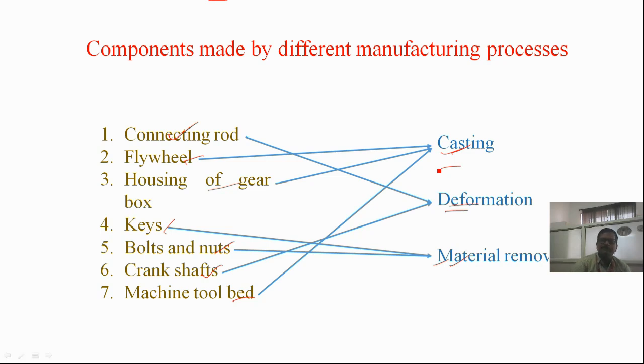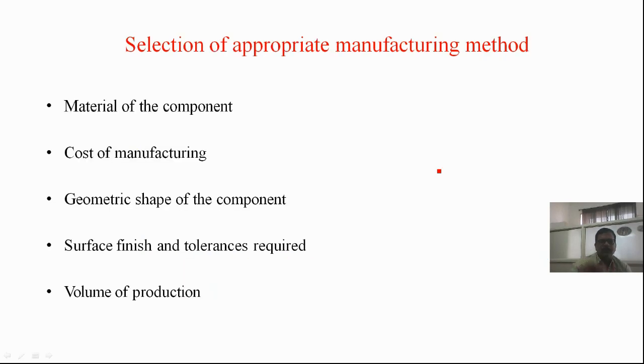The selection of a manufacturing process for a particular component will depend upon things like the cost of manufacturing, the material of the component, the geometric shape of the component, surface finish and tolerances required, and the volume, how many you are going to produce. So the manufacturing method will depend upon these 5 parameters.